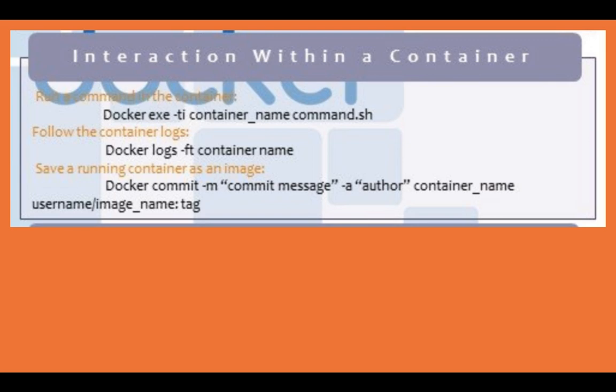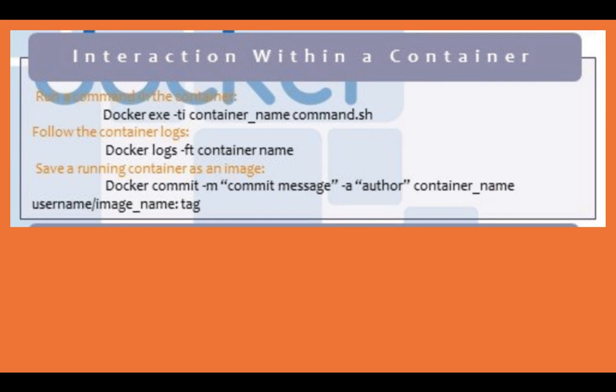If you want to save a running container as an image, then you can write the command as docker commit -m, give the commit message, -a, give the author name, give the container name. When you have created your account on Docker Hub, you will get a username.